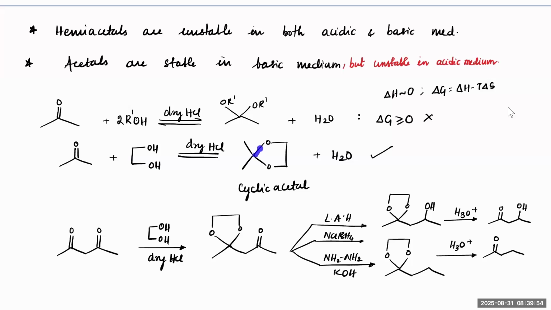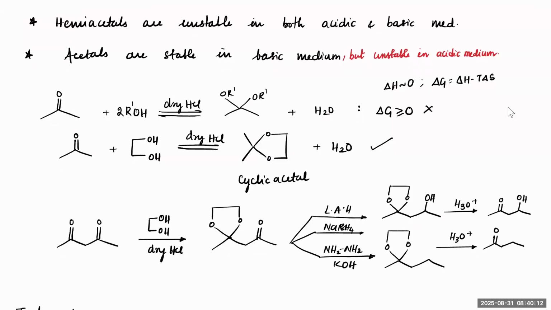Second, it will now become a cyclic structure, so chelation will always favor the reaction in the forward direction. Got it? So in two ways it will help. One, it will try to compensate the entropy factor, and second, increasing the chelating nature. So this way the reaction goes in the forward direction. Clear, beta?